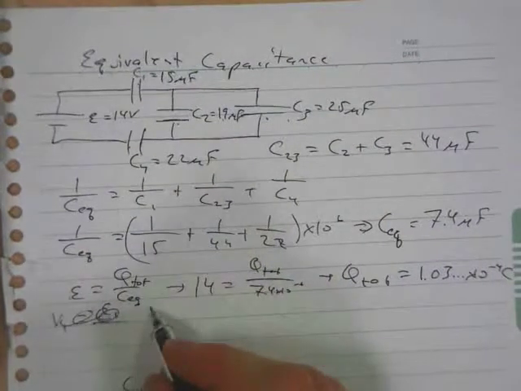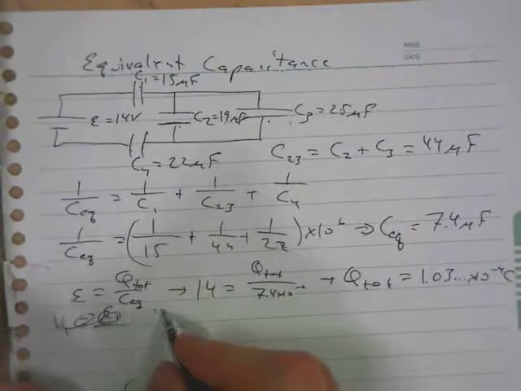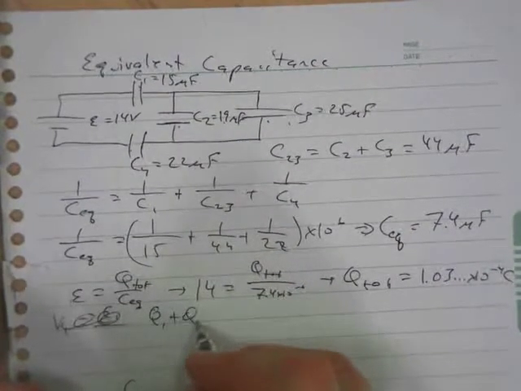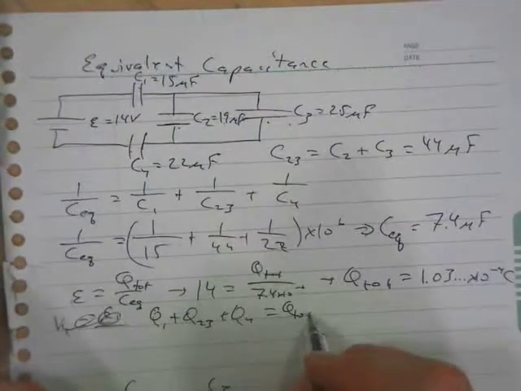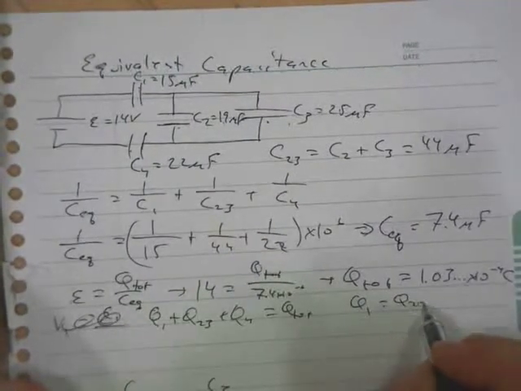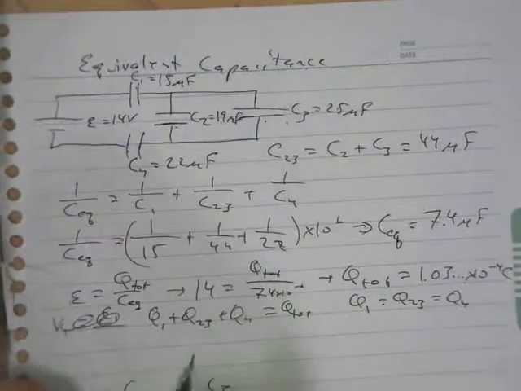So we can say that Q1 plus Q23 plus Q4 is equal to the total charge, and each of these are equal to each other as well.